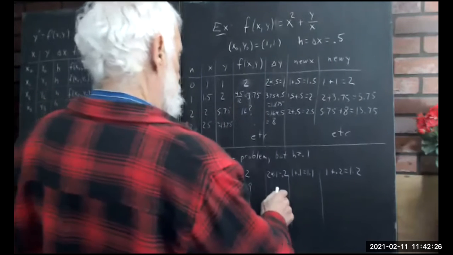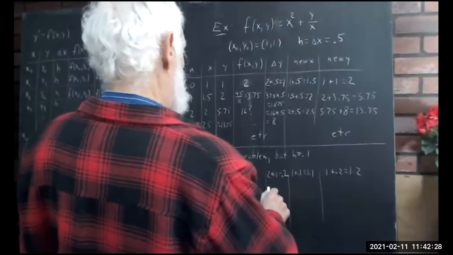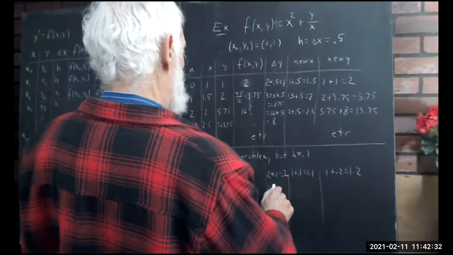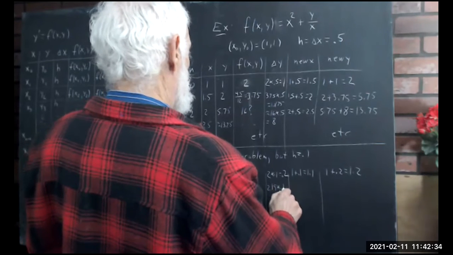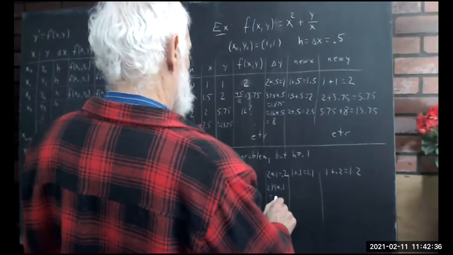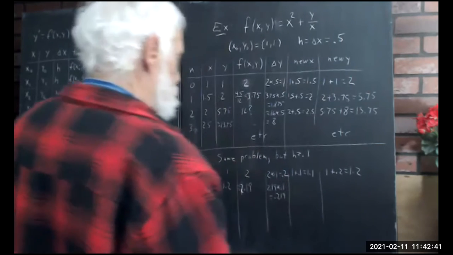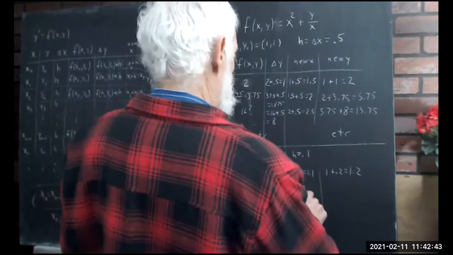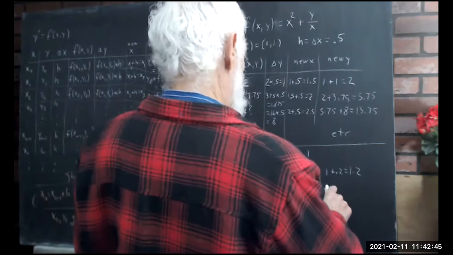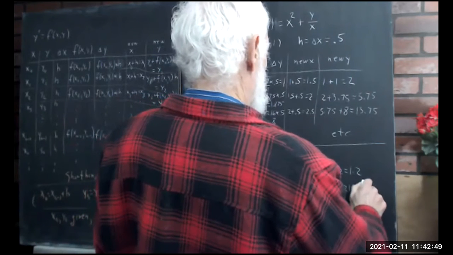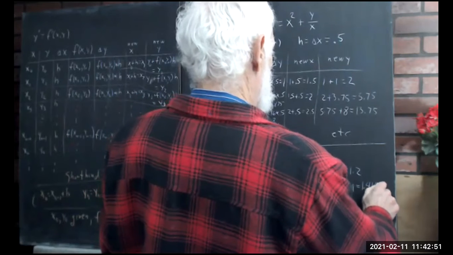Okay, and then here my delta y is going to be 2.19 times 0.1 equals 0.219. And my x is going to be 1.2. And over here, then I'm going to have 1.2 plus 0.219 equals 1.419.